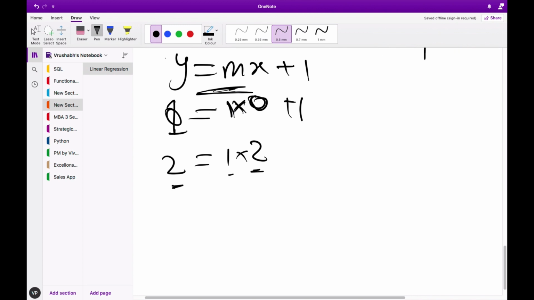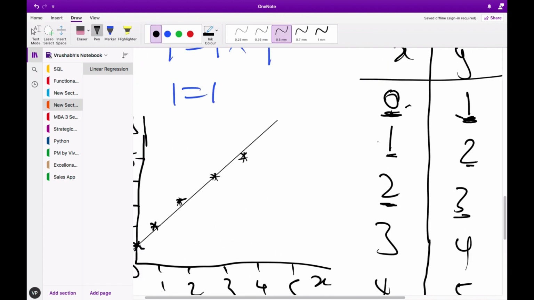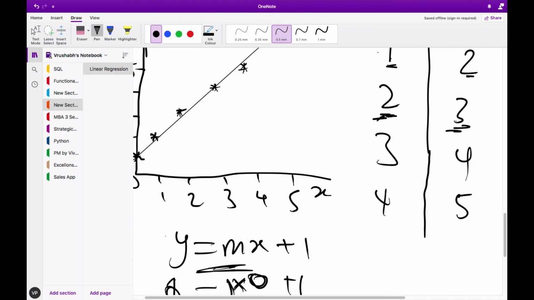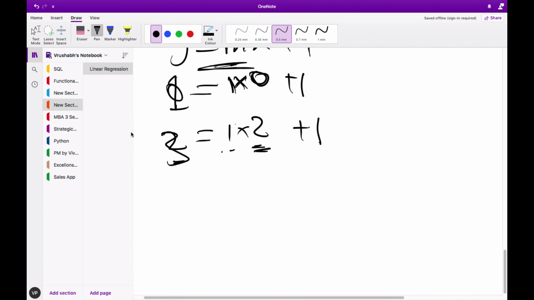If the x value is 2 and we multiply by 1 and we add 1 to it, we're going to have 3, which is what the value is over here. When x is 2, we are supposed to get 3 for the y, and that is going to give us a perfect relationship. You see that here we are able to establish that relationship.